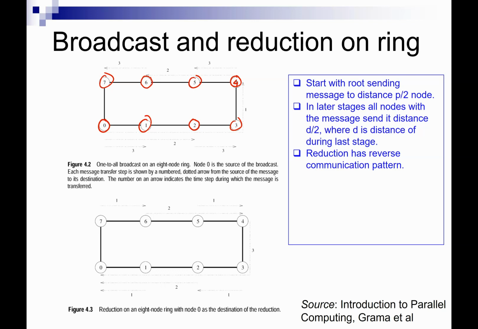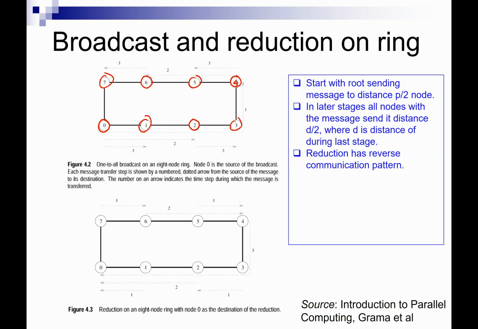Remember, in the final step of the broadcast, you had 4 processes that sent messages a distance of 1. So we're going to take these 4 messages that are marked by the 3, and we're just going to reverse them and make these into the first step of our reduction algorithm.